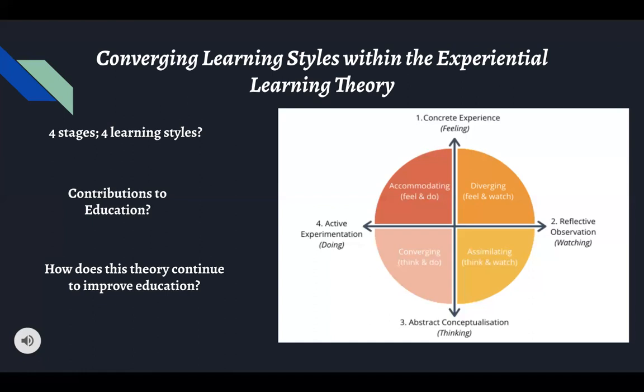So no matter what type of learner you are, converging, accommodating, you can start at active experimentation, but you must complete the concrete experience, the reflective observation, and the abstract conceptualization. You must complete all 4 of those learning processes to define whether you have had a meaningful learning experience from a particular experience, okay?